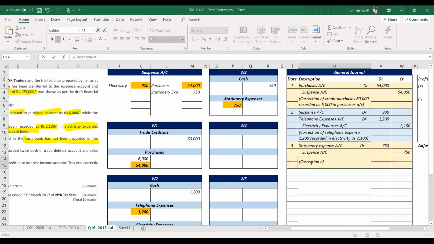Correction of stationery expenses omitted in the expense account.